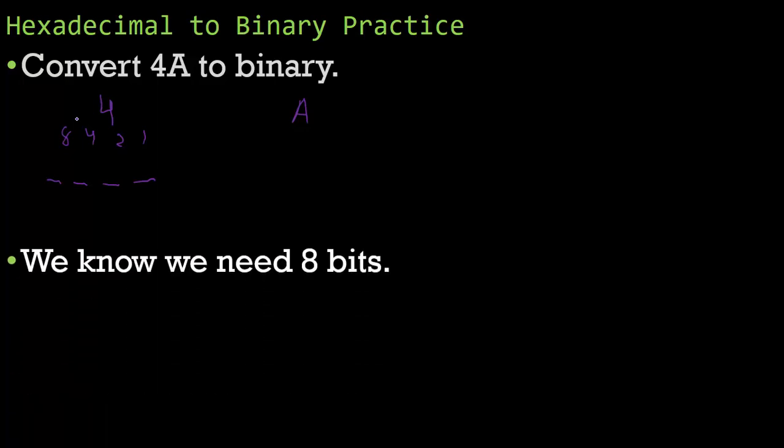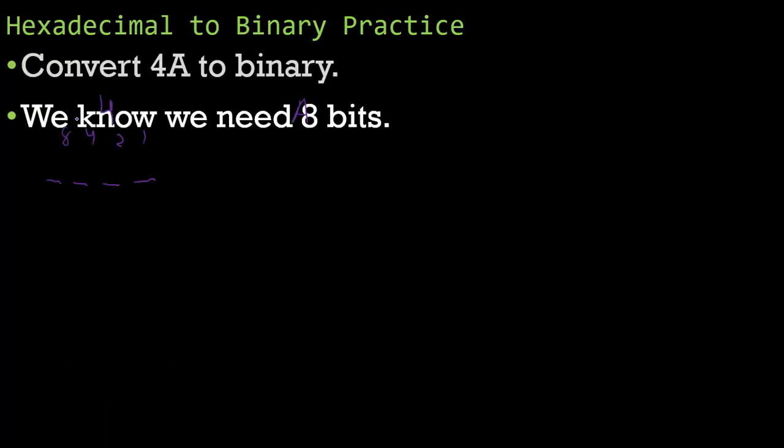I need to give myself boxes, and that's okay. We know we need 8 bits. So we need 4 bits for the 4. Okay, I don't need an 8. I do need a 4. So my starting 4 bits are 0, 1, 0, 0.